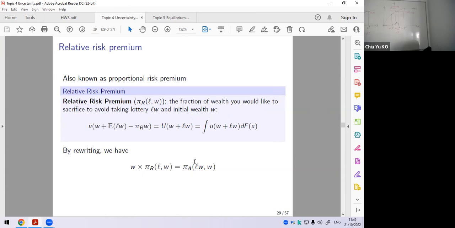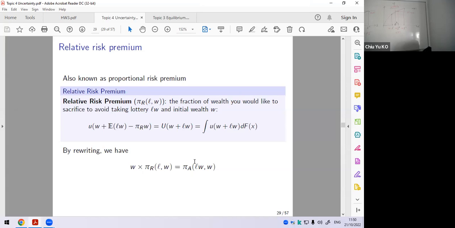Okay, and this is more like an invention, because we define something later and we back up this guy. This is not a retro definition, but later you will see why we define this one. So it's just the fraction of wealth that you are willing to take away to avoid doing this lottery.